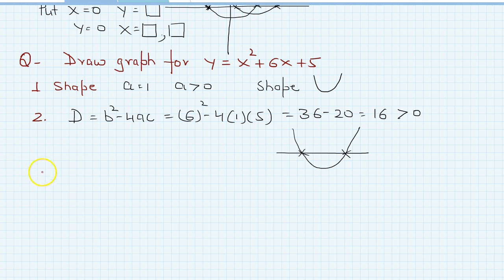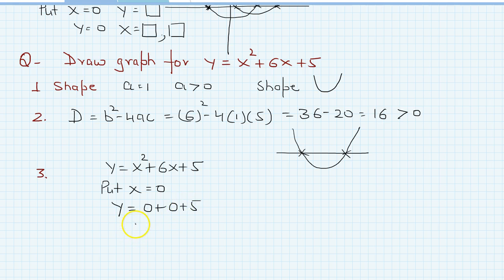Third, let's put, our equation is y is equal to x square plus 6x plus 5. What we are going to do, we put x is equal to 0. So y will be 0 plus 6 multiplied by 0 plus 5.